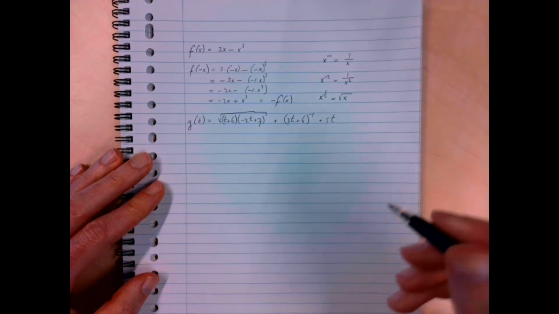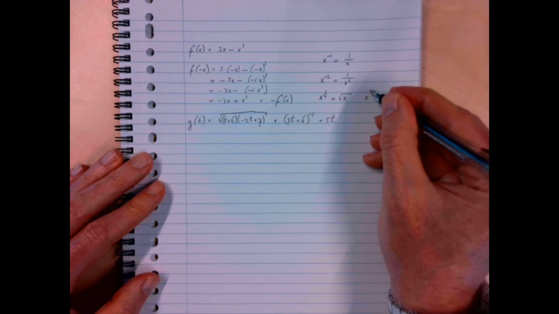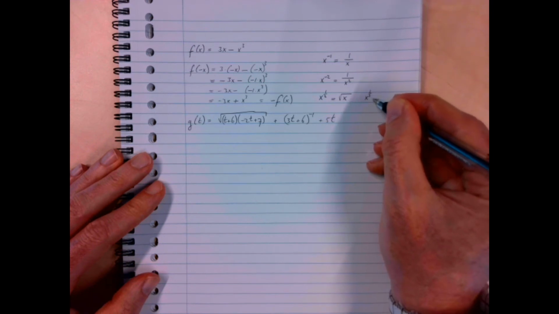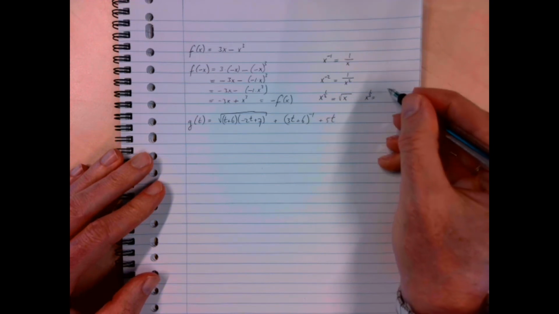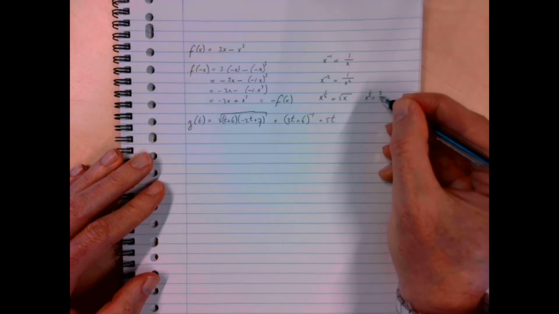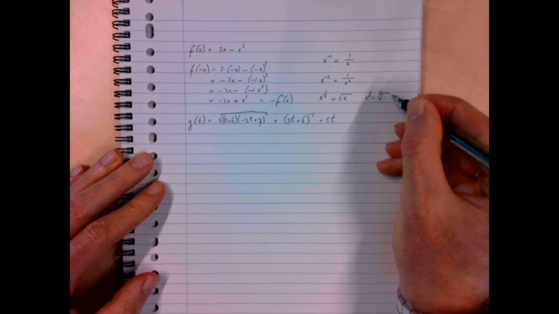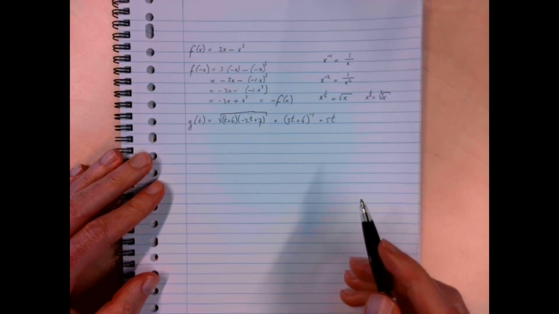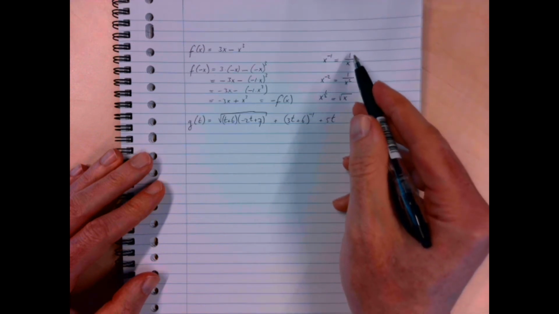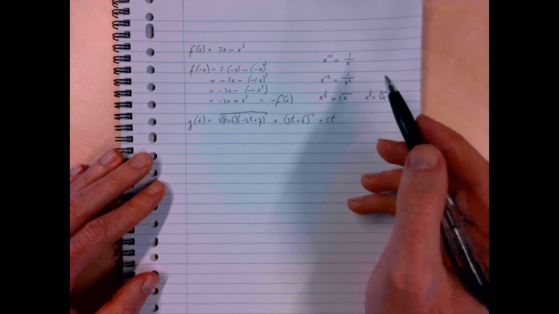And if you want to go further, x to the power a third would of course be the cube root of x. So that's what these negative powers mean: 1 divided by the thing itself.